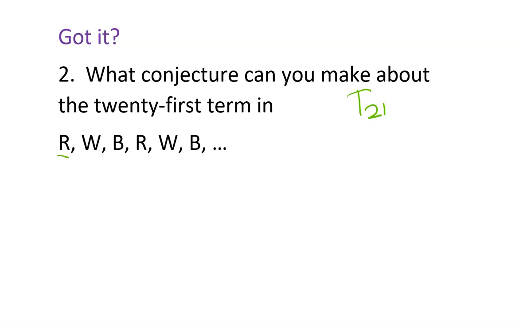So the first pattern covers 3. The second pattern covers another 3. So to get to 21, 21 would be 7 of these patterns. And it would be a full pattern. So I'm assuming that the last term is going to be a blue one.